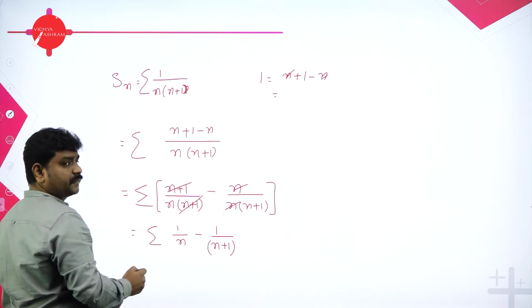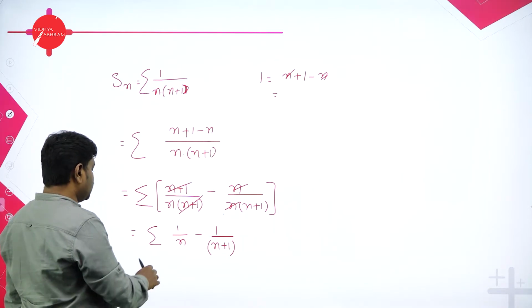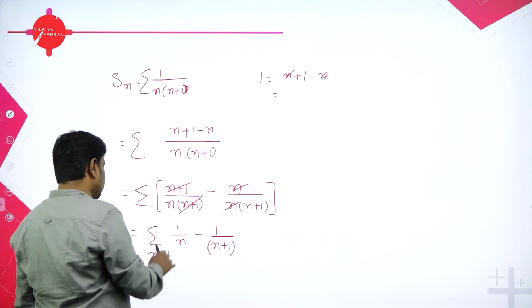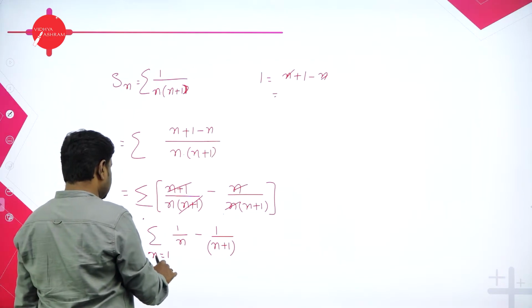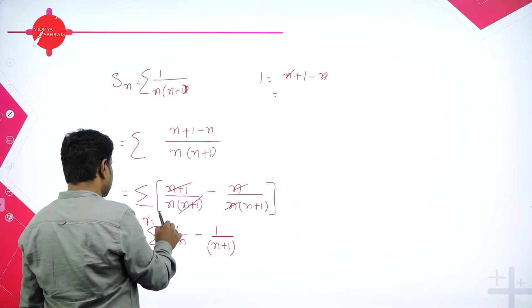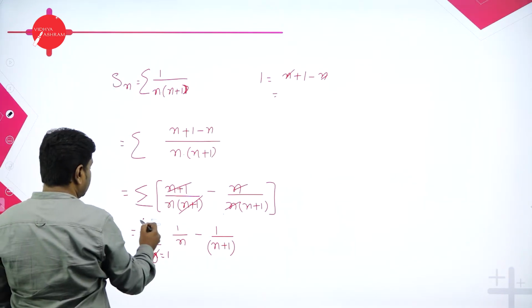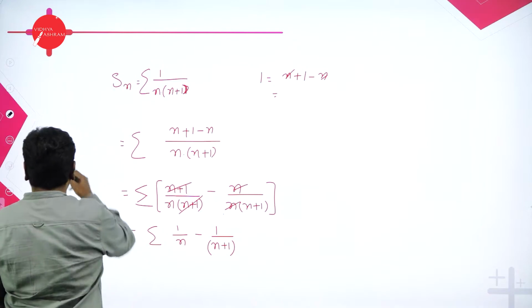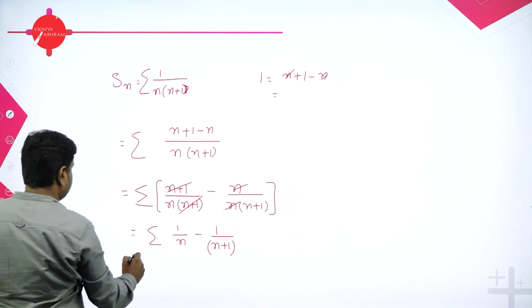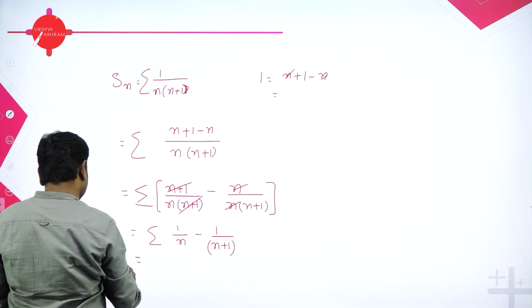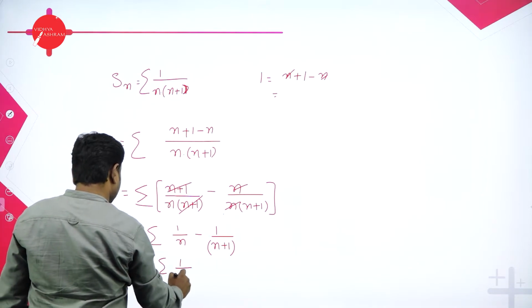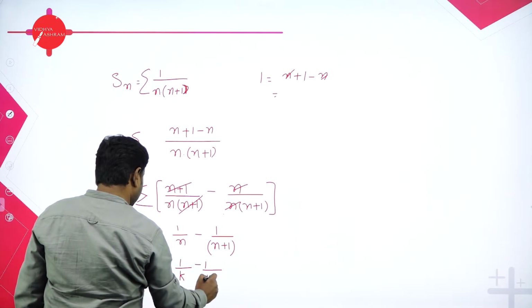So summation. See here, if I take n from 1 to n, or you can write it in terms of k. So let us write it in terms of k. Sn is equal to sigma 1 by k minus 1 by k plus 1.